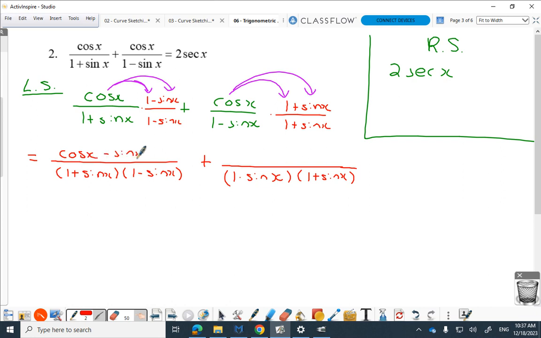And this one I get cos x plus sine x cos x. All I've done is distribute in the numerator. I just multiplied those together. And again, if this is all starting to run together on you, I know, if your fractions aren't fresh, this is going to take a little while to get used to, doing trig with fractions in it.